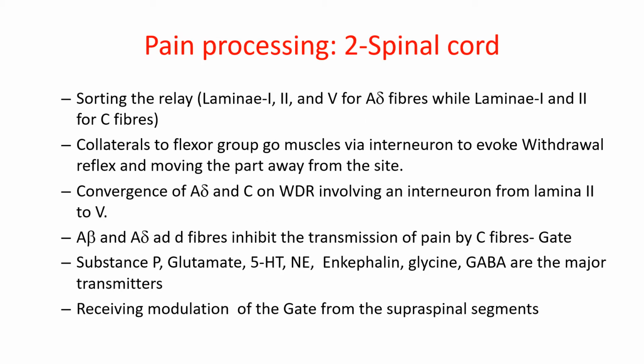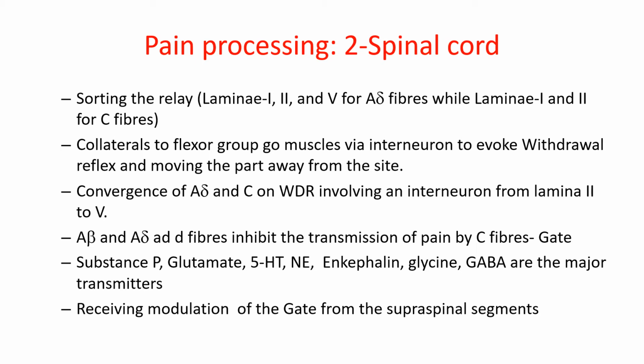In the spinal cord, the pain is processed in a definitive way. One, there is a sorting of the inputs, that is, the inputs coming from the myelinated A delta fibers and the inputs coming from unmyelinated C fibers.